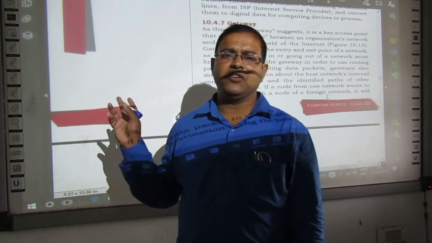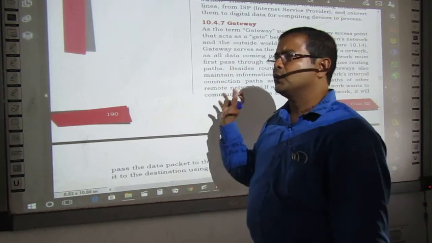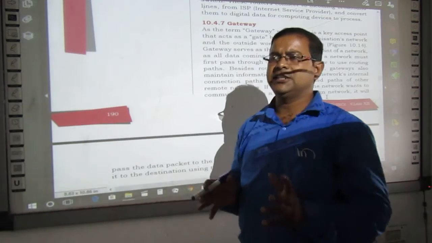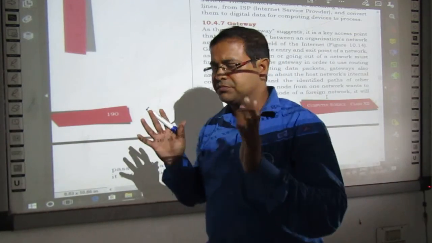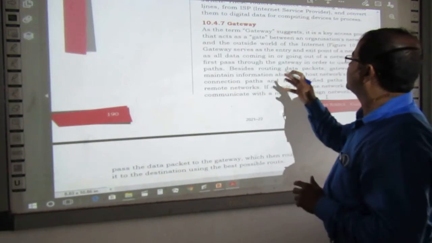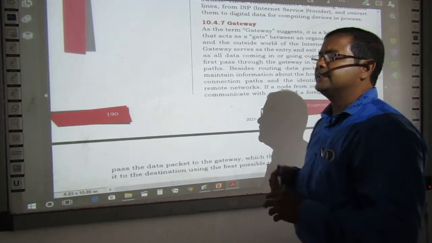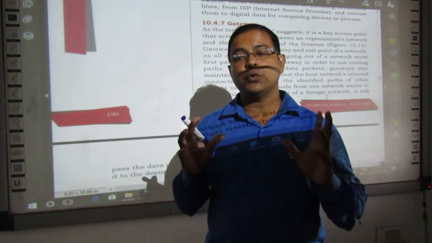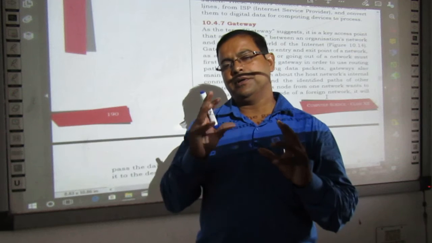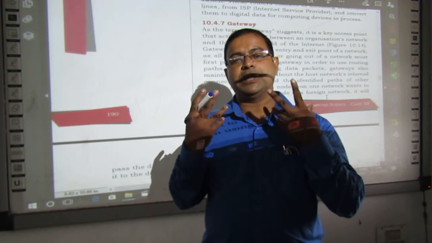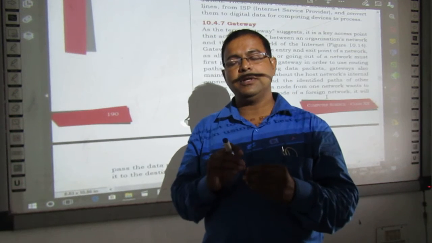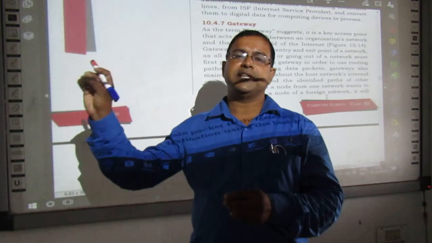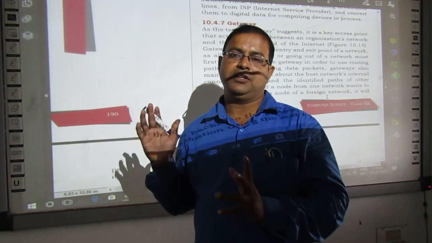These things are done by the gateway. So a gateway is a key access point which helps to route your order to the particular destination in a proper way.